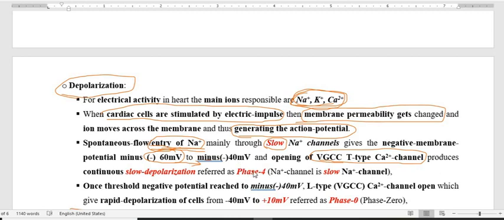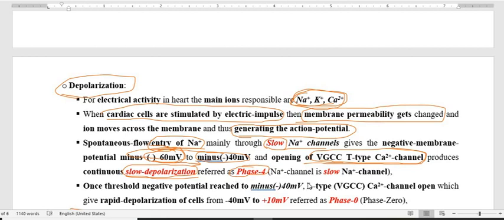In phase 4, the entry of sodium occurs through the slow sodium channel, the membrane potential begins at minus 60 millivolt and moves towards minus 40, and with the voltage gated T type calcium channel also open, it gives rise to a slow depolarization, which is referred to as phase 4.